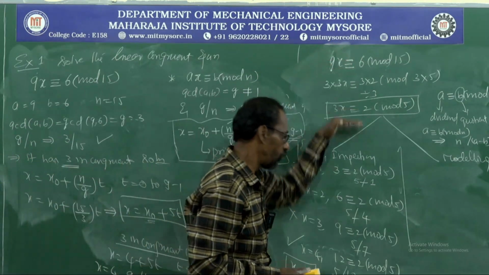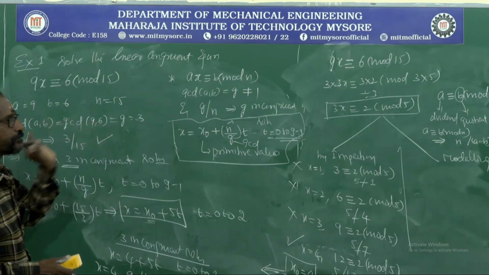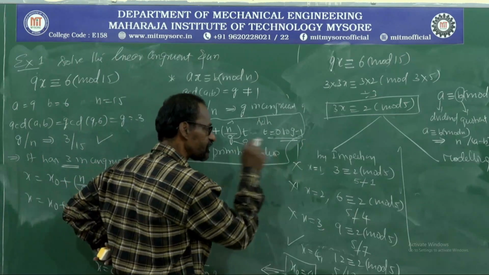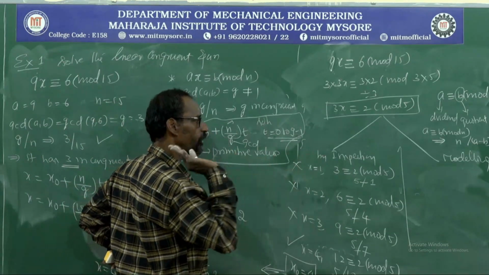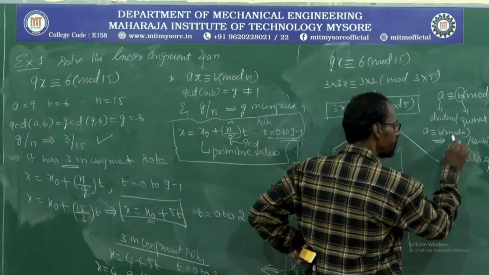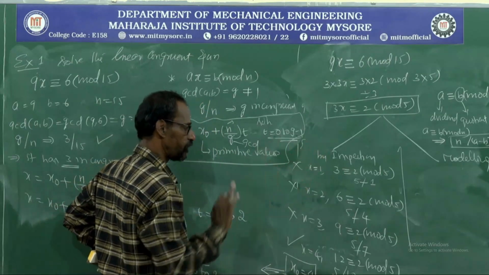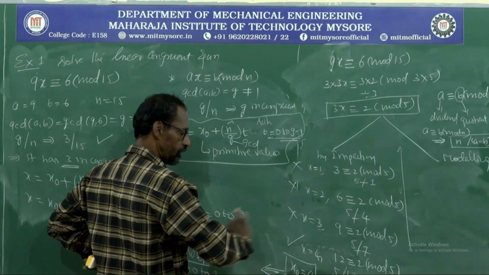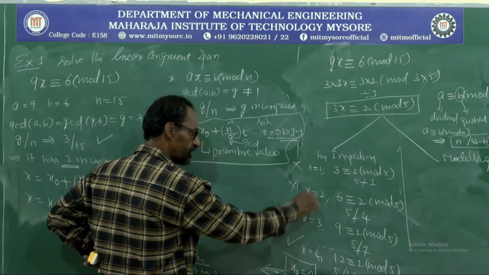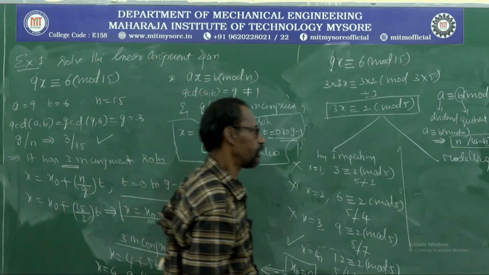This is one approach, that is basically what we call trial and error. Do inspection, take x is equal to 1. My equation is not satisfied. What is the equation? Ultimately, this is my model: n divides a minus b. 5 never divides 1. 5 never divides 4. 5 never divides 7. But 5 divides 10. Therefore, these are the 3 cases which I should not consider. The only case I can go with is x is equal to 4.